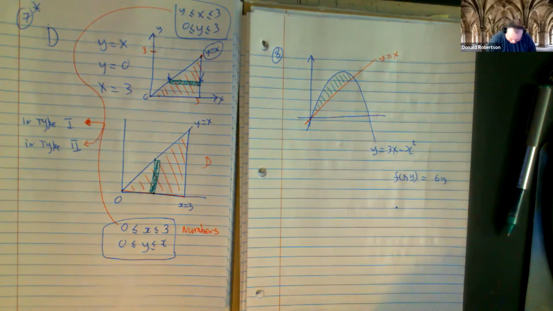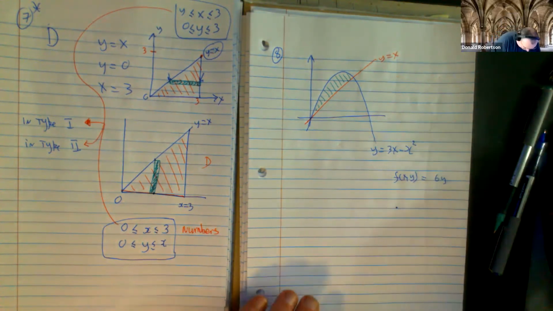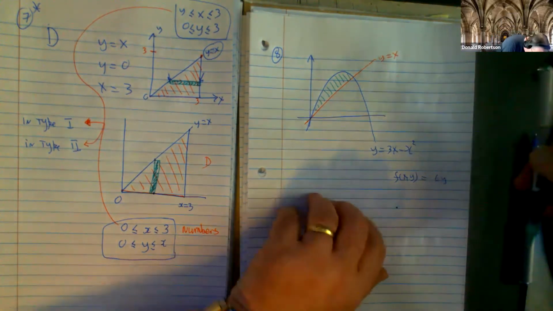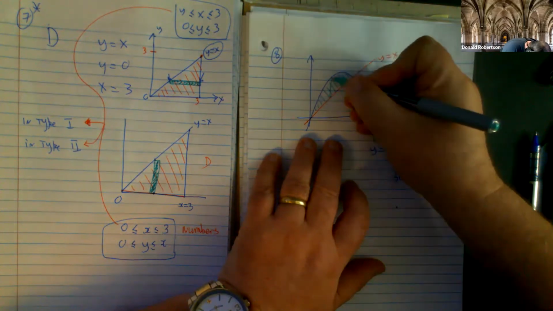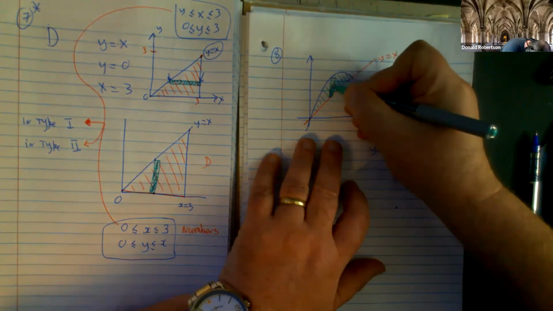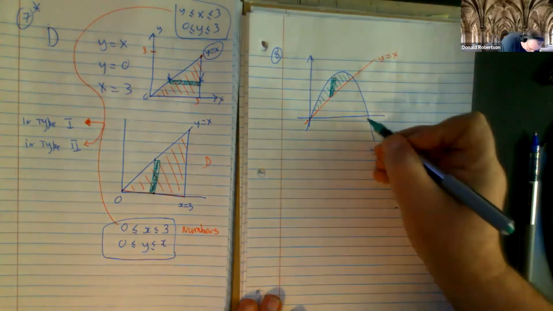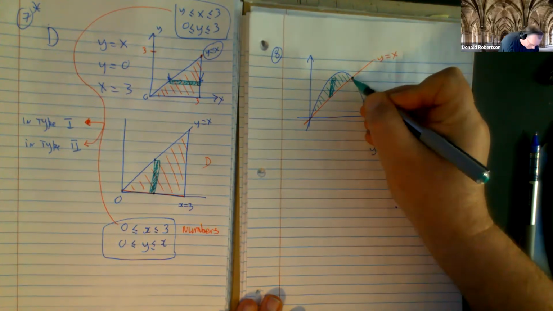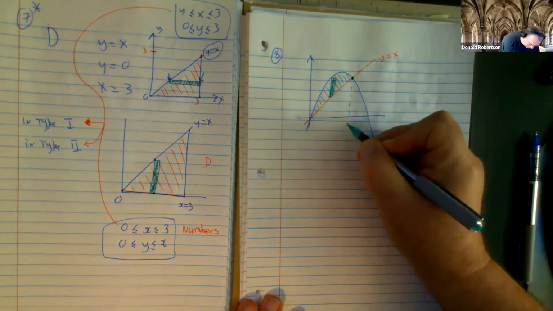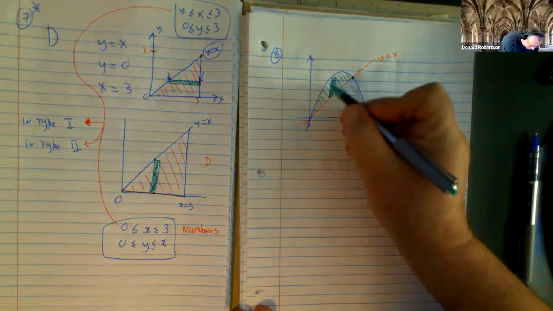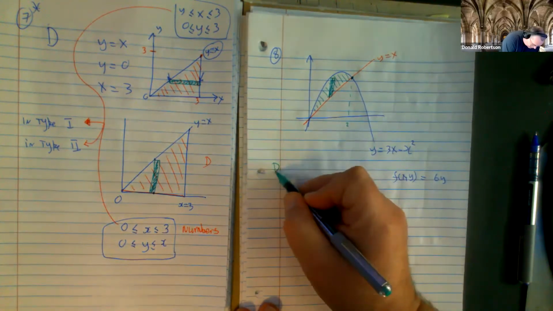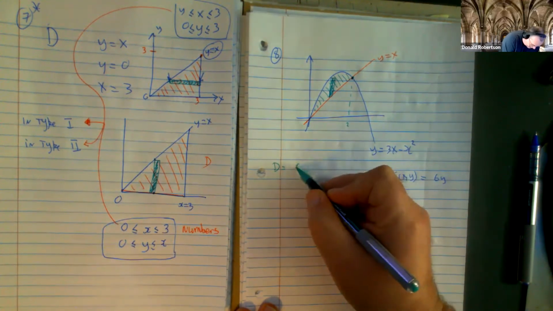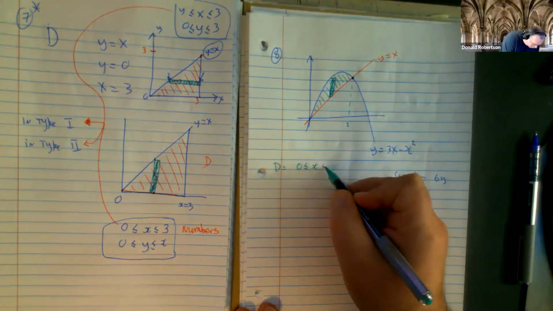So here goes. If I decide, I'll stick to green, if I decide to go vertical rectangles, then I kind of need to know that point, and they tell me it's 2. Couldn't I describe the region D like this? X goes from 0 to 2, so I'm doing a type 1 here.